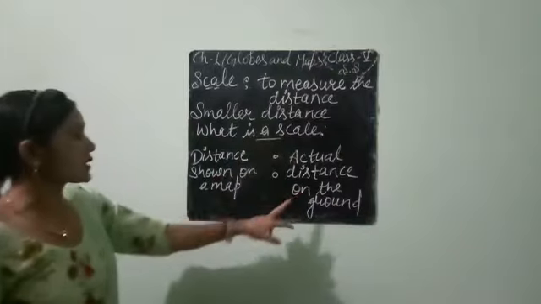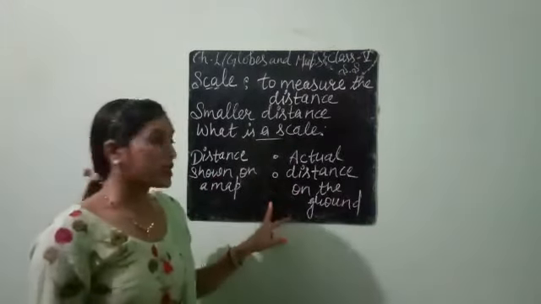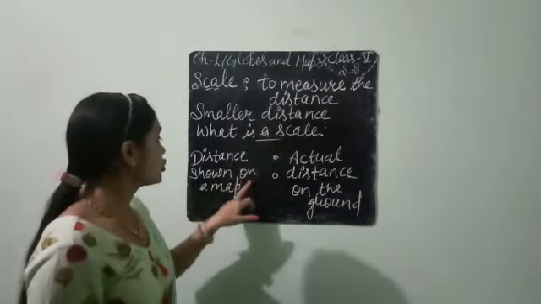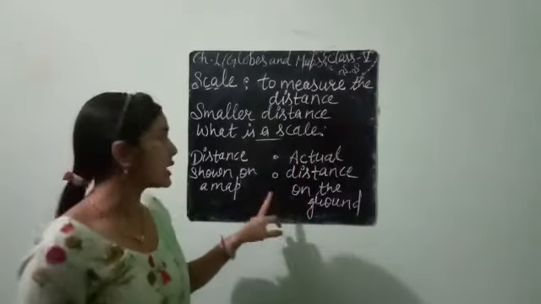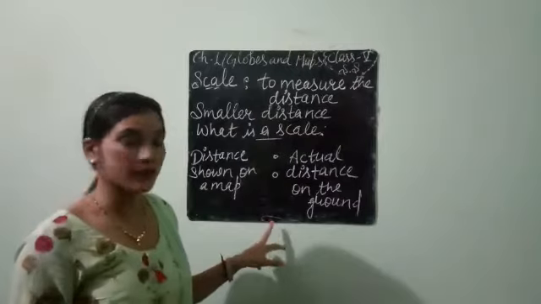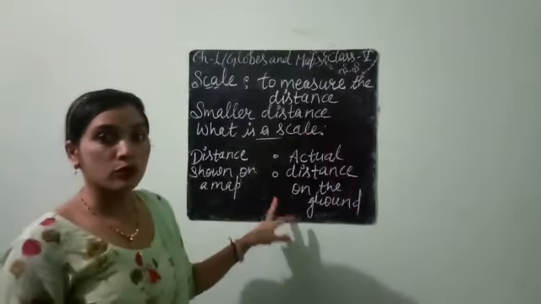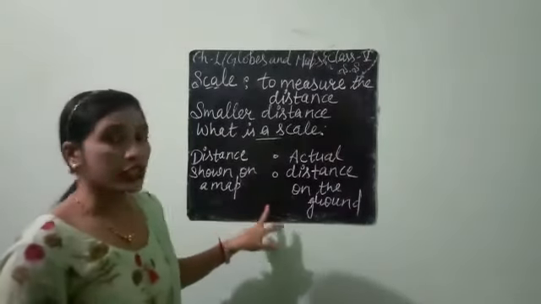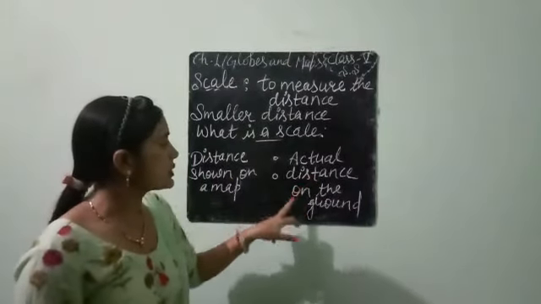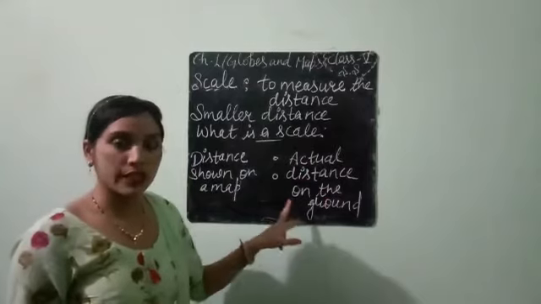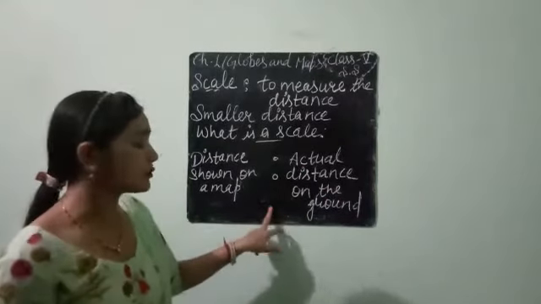It is the ratio between the distance shown on the map and the actual distance on the ground that is known as the scale of a map. Listen once again. It is the ratio between the distance shown on a map and the actual distance on the ground that is known as the scale of the map.